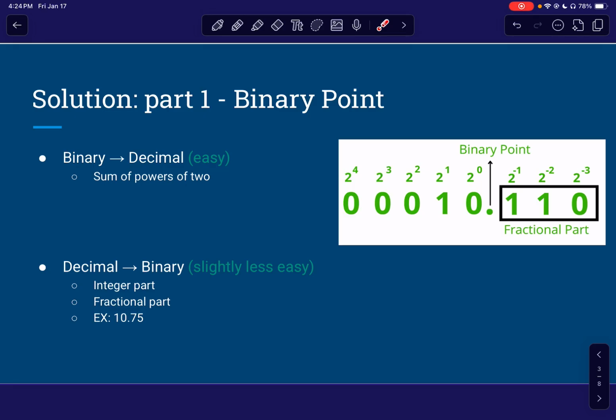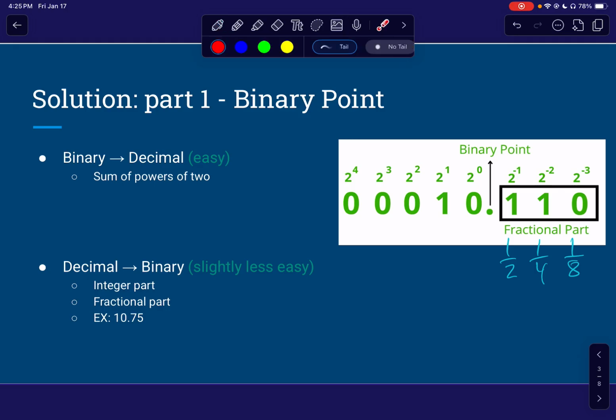If I slip up and call it a decimal, just know I really mean the binary point. To the right of that, we have 2 to the negative 1, which is 1 over 2, 2 to the negative 2, 1 over 4, 2 to the negative 3, 1 over 8, and so on as you keep going further to the right of the binary point.